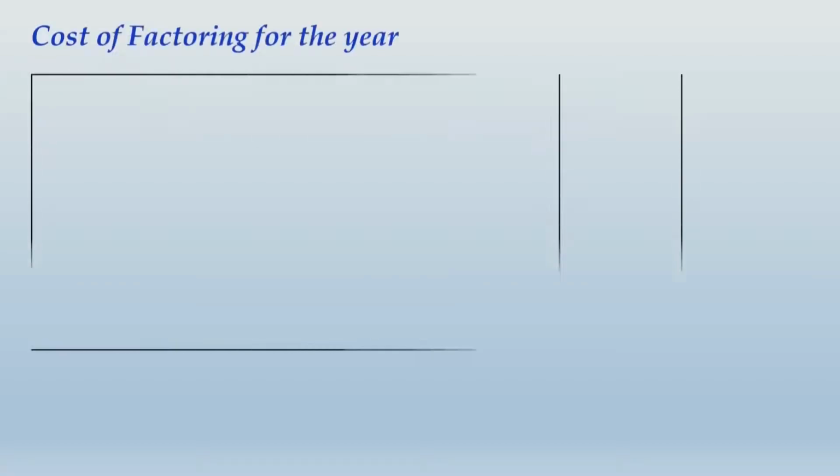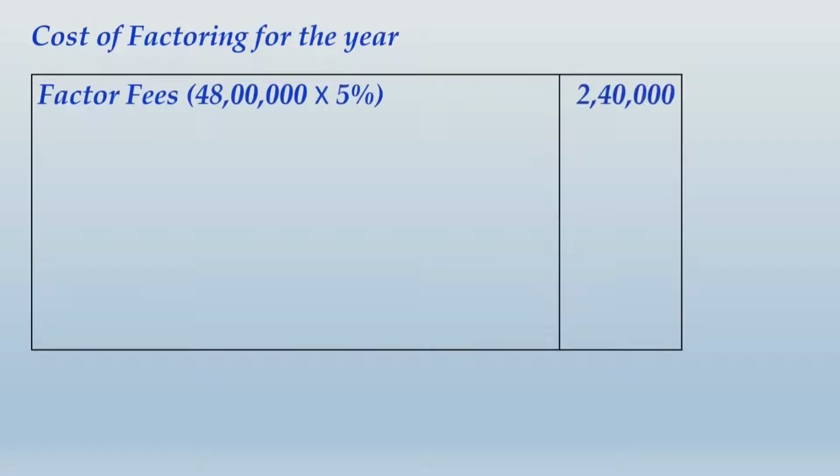Let us move ahead, and now what we do is we start computing the cost of factoring for the year, and here you begin with the factor fees. Factor fees will be 5% of total amount that the factor is supposed to collect throughout the year. So understand, in one cycle the factor has to collect 12 lakhs, but in the entire year the factor has a responsibility to make collection of 48 lakhs, and therefore don't forget the heading that we have put in, it is cost of factoring for the year.